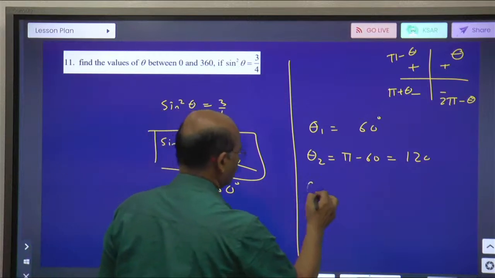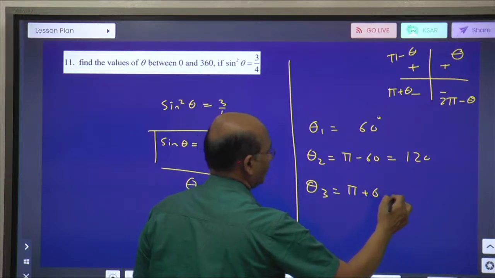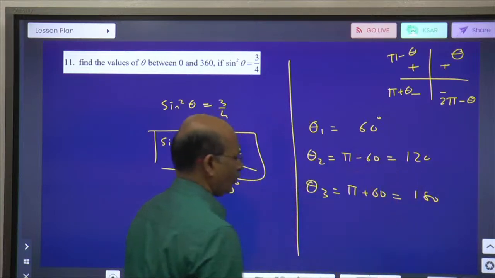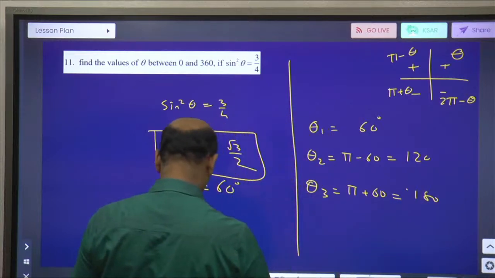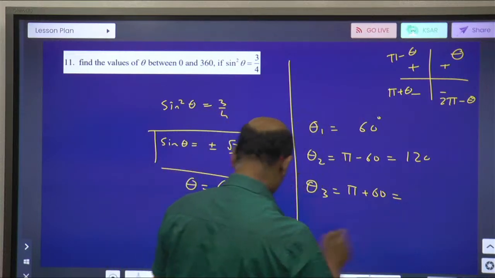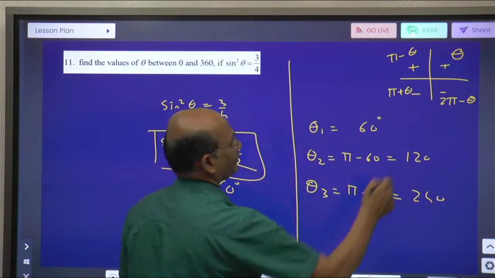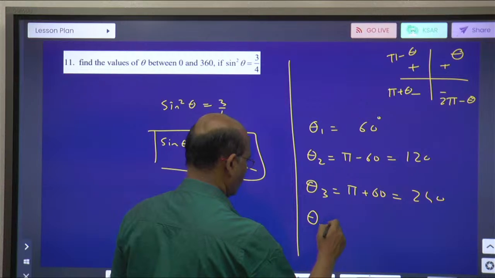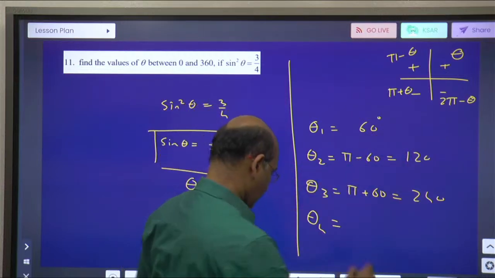Theta 3 is pi plus 60, that is 180 plus 60, 240. Sorry, calculation errors. And finally theta 4 is nothing but 360 minus 60.